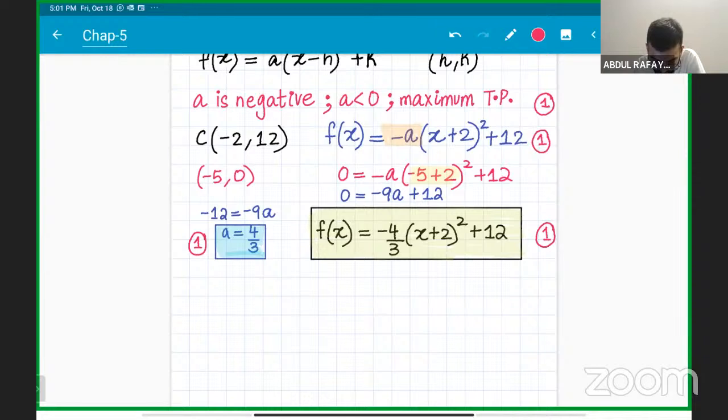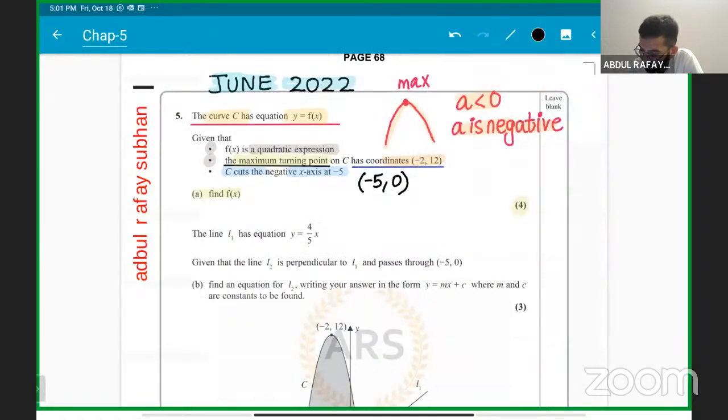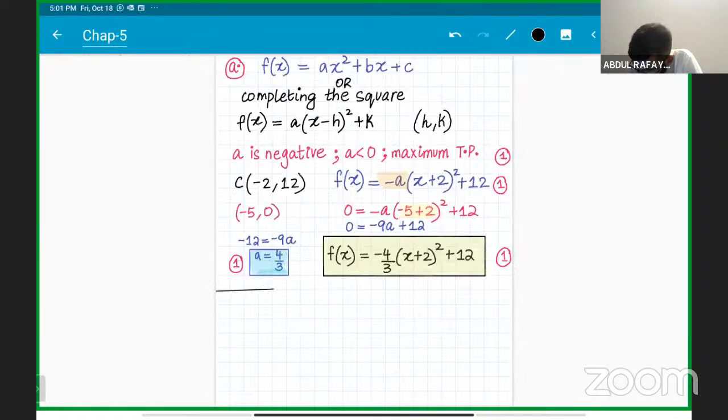People got it clear? Students understood? If everyone got it, let me know. Is everyone clear? That is one of the methods of solving part A. If anyone has doubts, let me know.